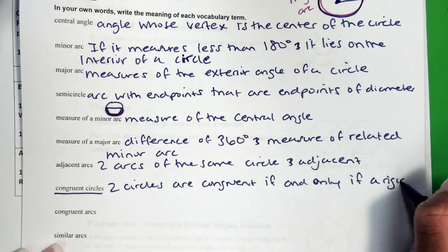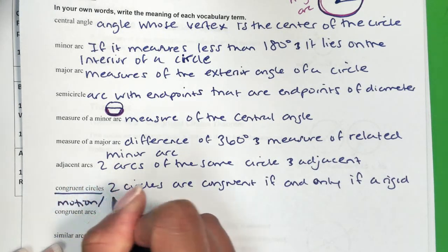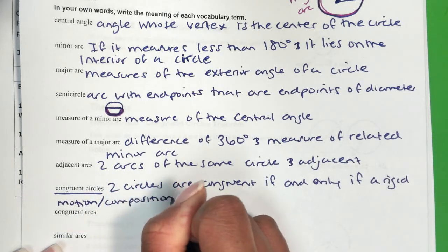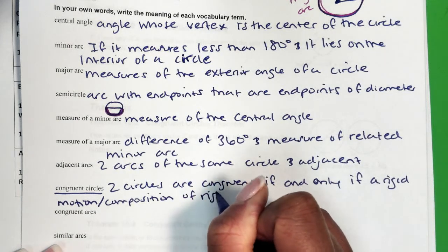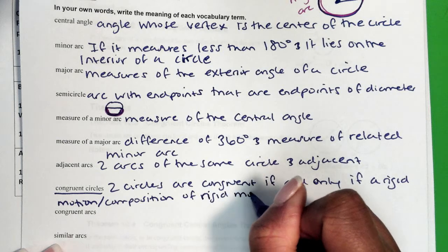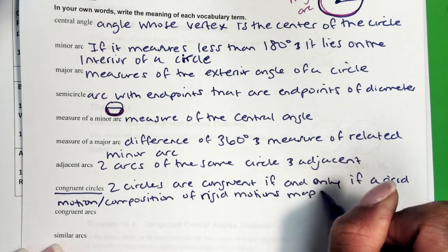a rigid motion or composition, also known as transformation or a combination of rigid motions, maps one to another.